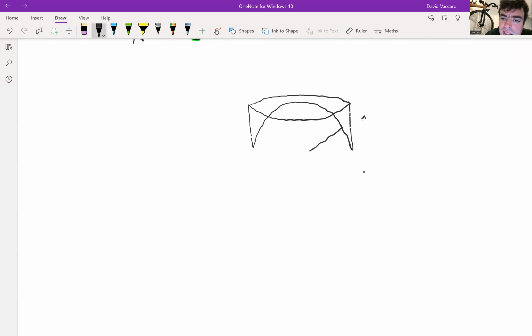Then what I'm going to consider is a vertical slice of height, I'll call it delta h. Okay, so that's going to be my height upwards. This angle here is going to be theta. And what I'm going to do now is consider the area of this ring.